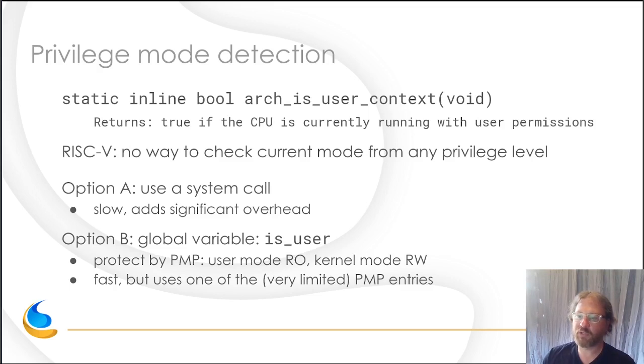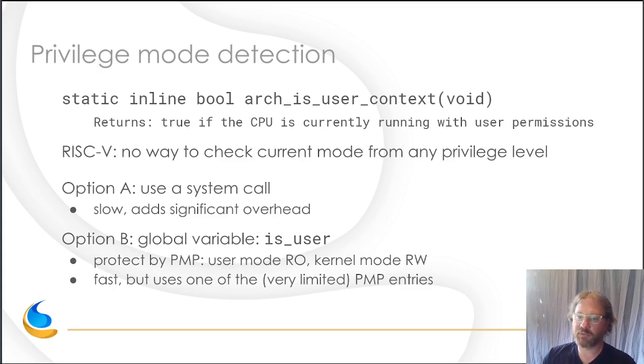The smallest region you can actually protect with the MPU is a 4-byte region. We make this region read-only from user space, and read-write from kernel mode. So from user space we can just read this variable and find out what our current state is. And once we enter and exit kernel mode, we update this flag.